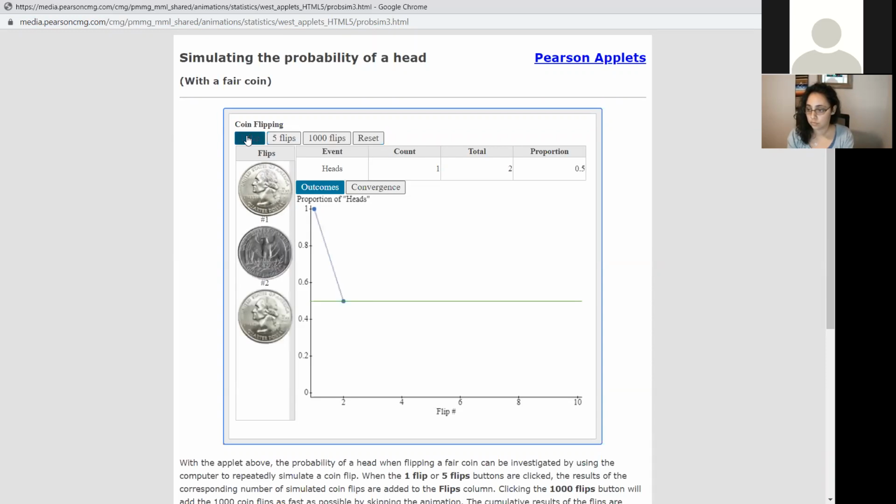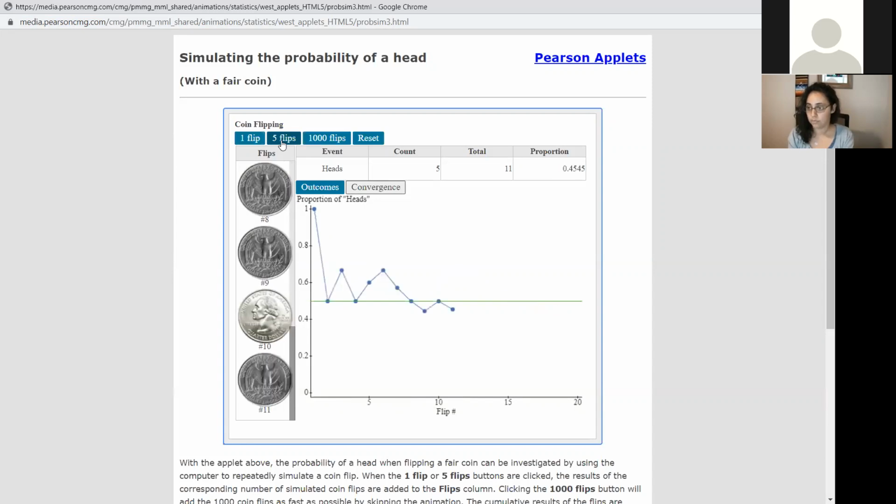We can continue this process. We can flip it 5 times. Very well. Do you see that? Do you see the oscillation between these points?